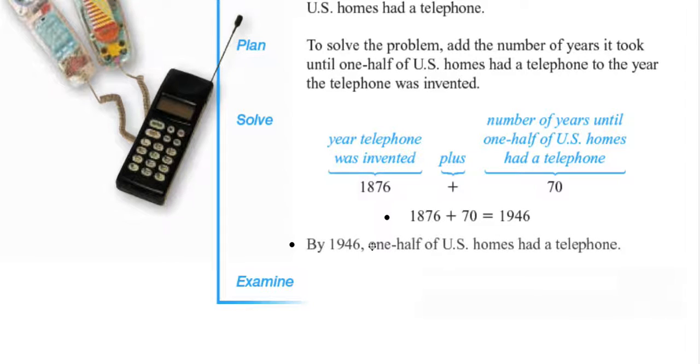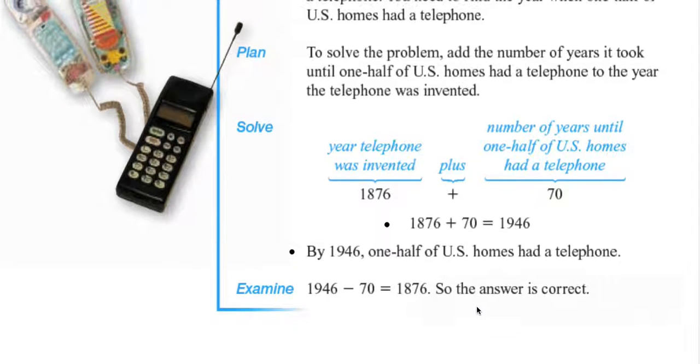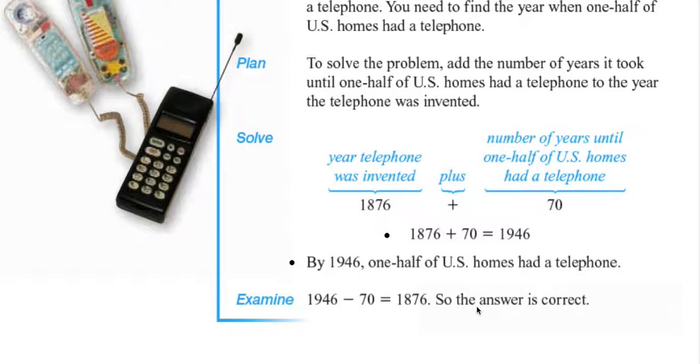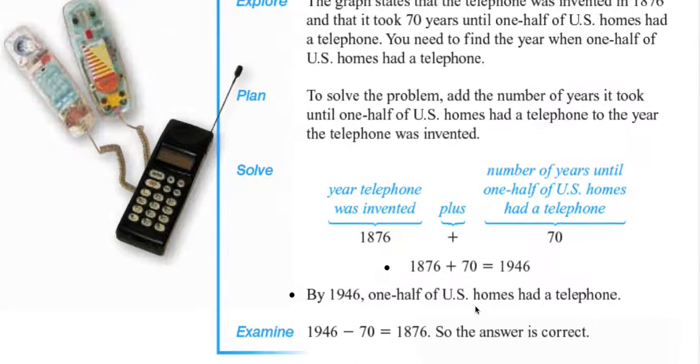Therefore, by 1946, one half of U.S. homes had a telephone. And if we check our answer, we subtract 70 from 1946, and we end up with 1876. So the answer is correct. So in 1946, one half of all U.S. homes had a telephone.